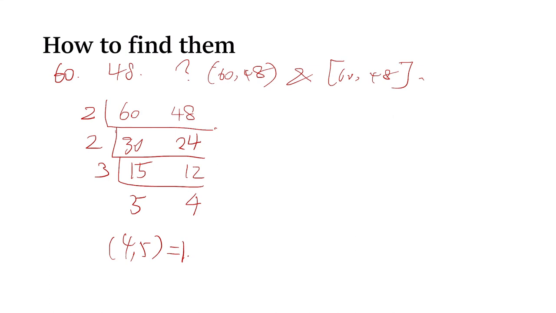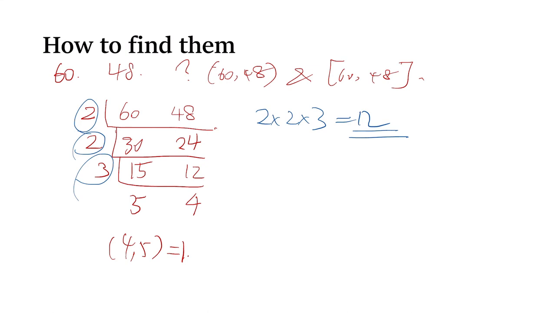What's the GCD? Look at those numbers on the left side and you multiply them. For example, 2 times 2 times 3. What does it do? 12. Then 12 will be the greatest common divisor of 60 and 48.